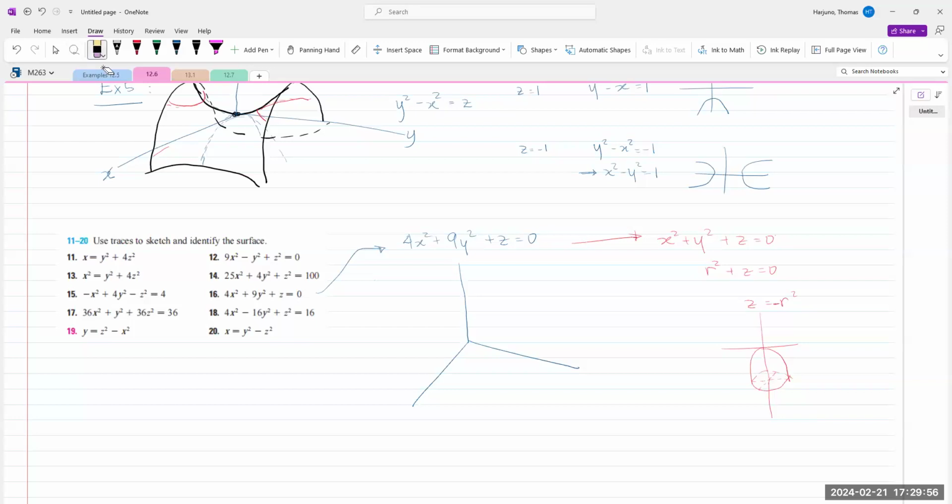I don't like this. Let me make it like this. Instead of facing up, that paraboloid actually faces down. It will open wider in the x direction and narrower in the y direction.